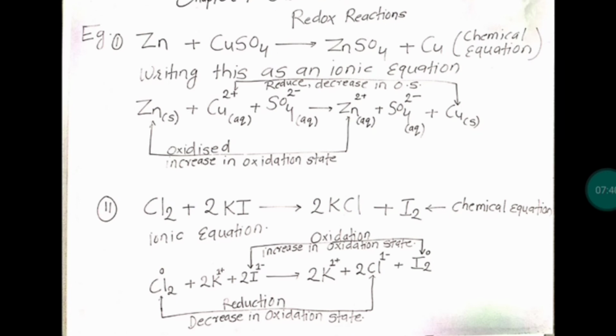So from -1 to 0 there is an increase in oxidation state, which we call oxidation. So chlorine gets reduced, while iodide gets oxidized.